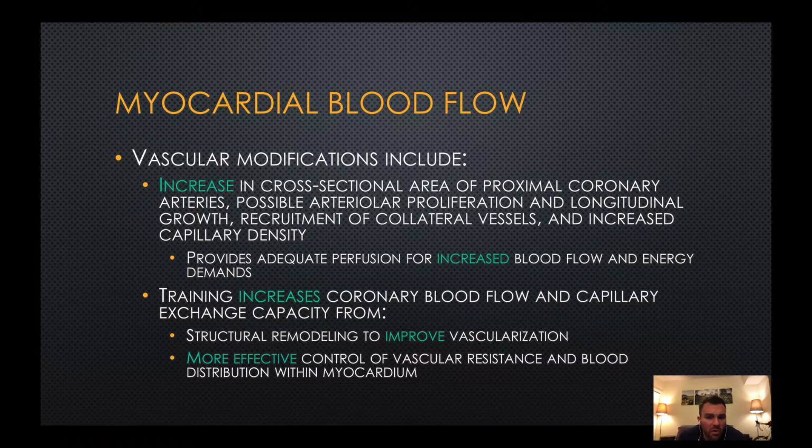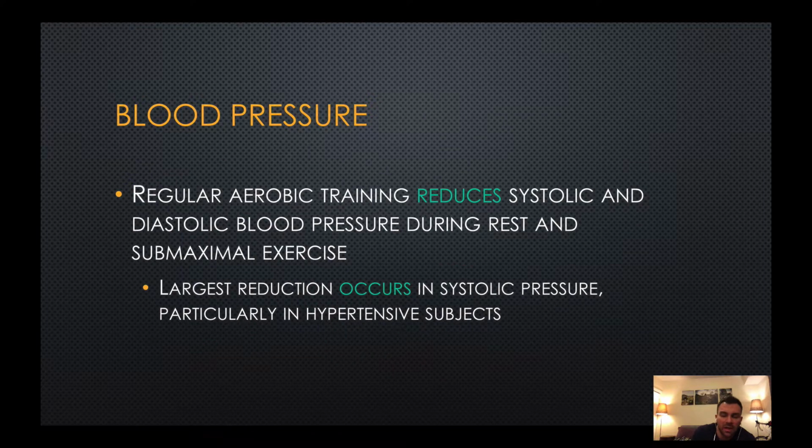Training increases this coronary blood flow and capacity from actually changing the heart, structuring, remodeling to improve vascularization and more effective control of vascular resistance and blood distribution within the heart. So the heart gets a lot better at distributing its blood, getting the blood back, increasing its pumping abilities, increasing the sizes of the vessels around it, increasing the size of the arteries around it for it to get more blood in and out. It remodels itself. It improves.